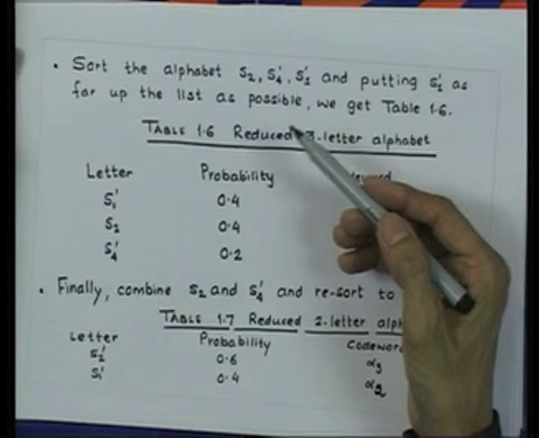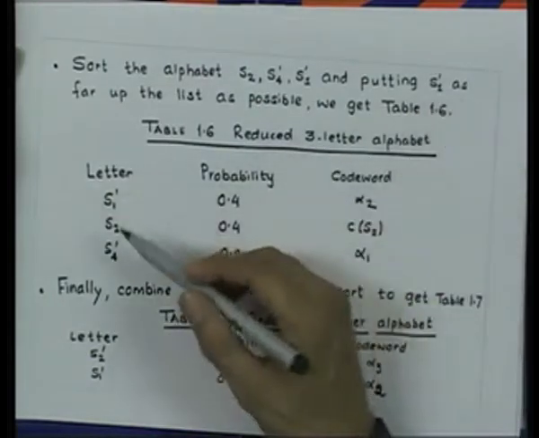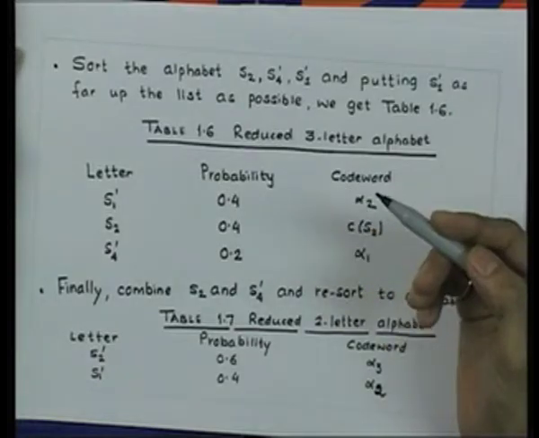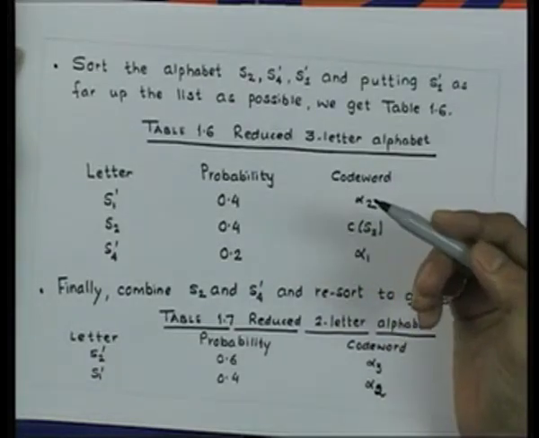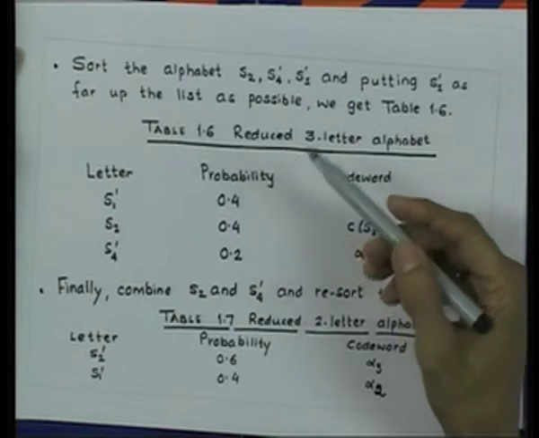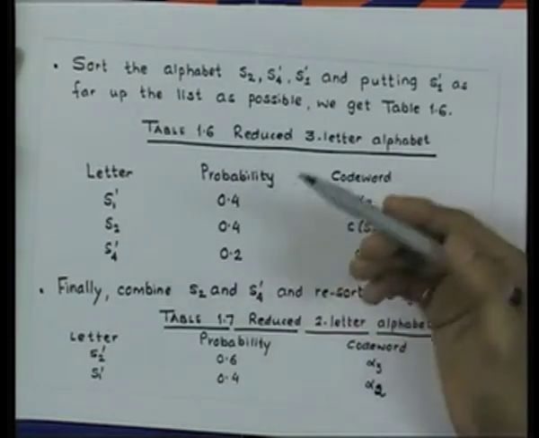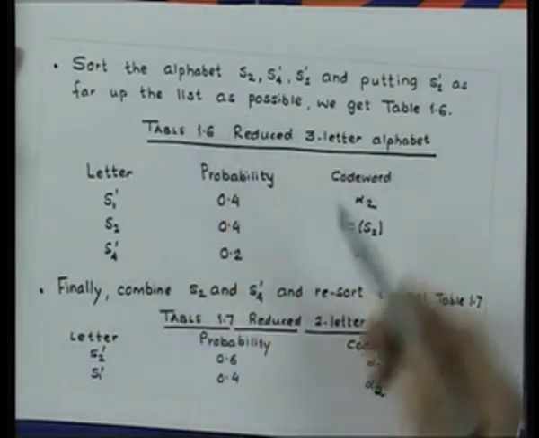So this is a strategy which we will follow. Whenever we get a new symbol, we will try to place that new symbol in the reduced list at the top of the list. We will try our best to put it as far up the list as possible.